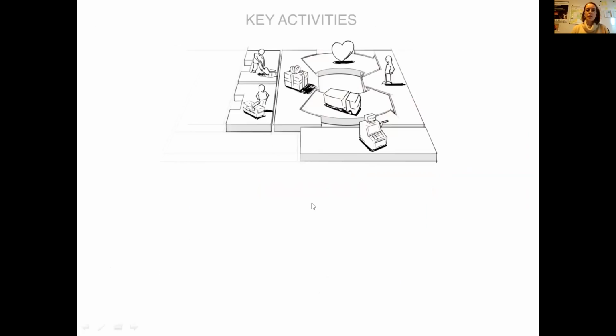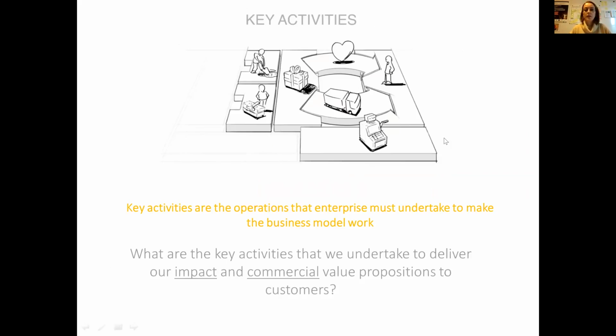Let's go on with the key activities. The key activities are the most important things we need to do in order to make our business model work. So, what are the key activities we undertake to deliver our impact and commercial value propositions to customers? Yes, our key activities.